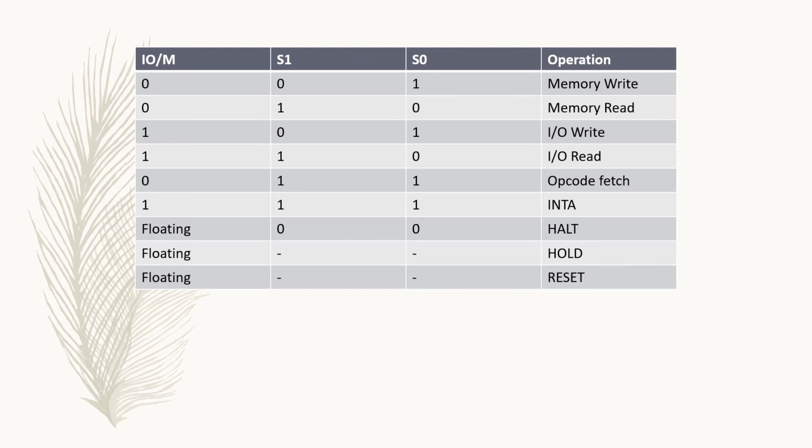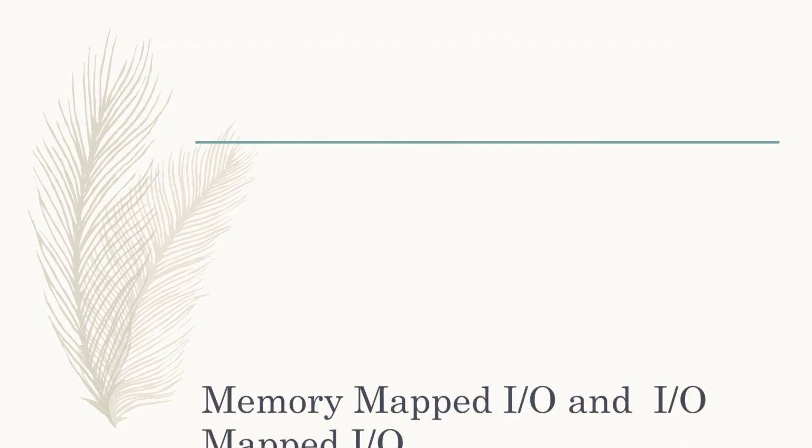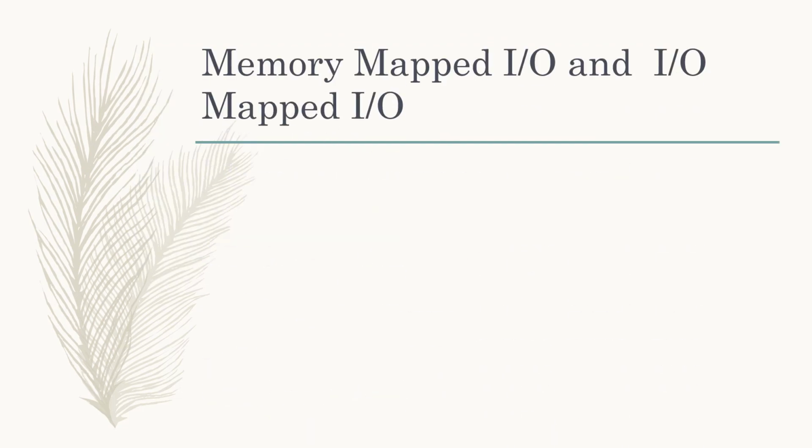When IO is 0, its complement M bar is high, so whatever the read write operation is will be linked to memory. Similarly, when IO is 1, as per the status signals S0 and S1, the operation will be related to input-output. So this is the table used by our microprocessor to select either the input-output device or the memory device. Let us learn the differentiation of memory mapped input-output and IO mapped input-output.